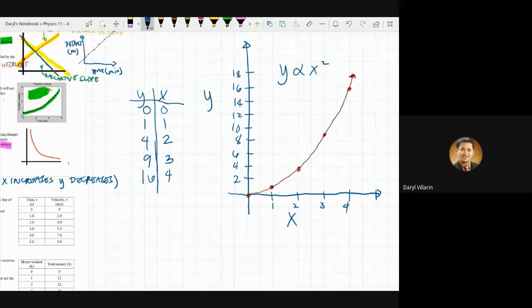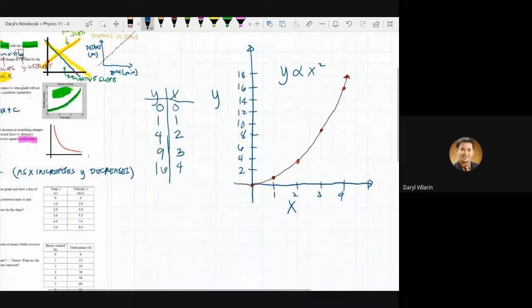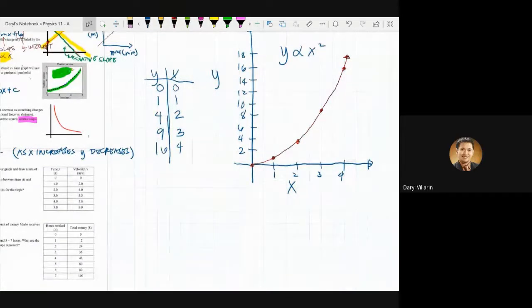So, well, to show that indeed your y is directly proportional to the square of x, I can plot this one again here, like this is just taking the square of x, right?